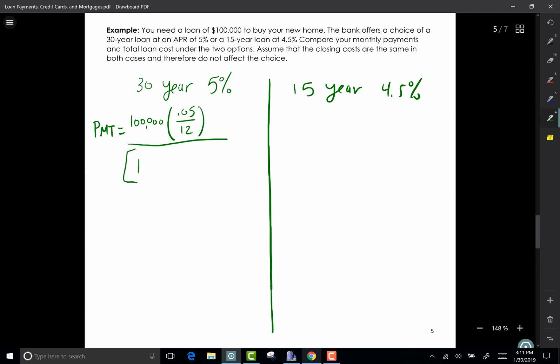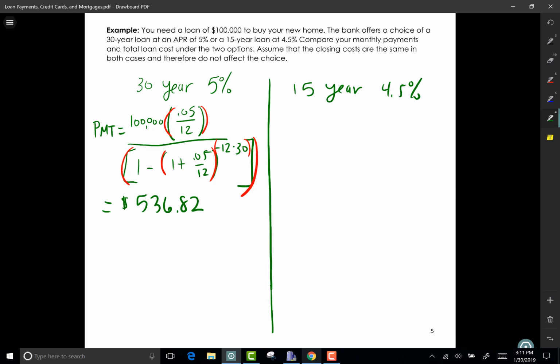And then we have 1 minus 1 plus 0.05 over 12, raised to the power of negative 12 times 30, because it's 30 years. Let's highlight where we put the parentheses so that it helps us keep track of that. When you put that in on your calculator, you should get $536.82.